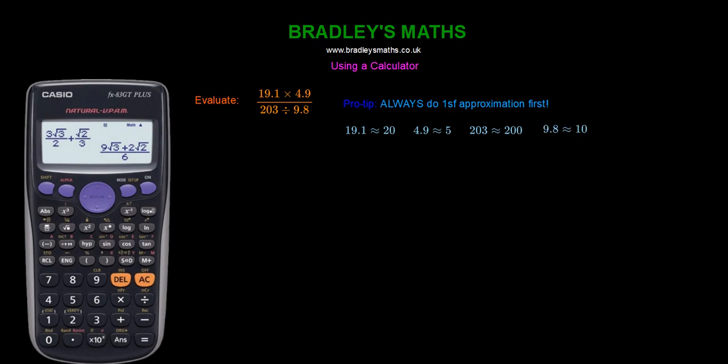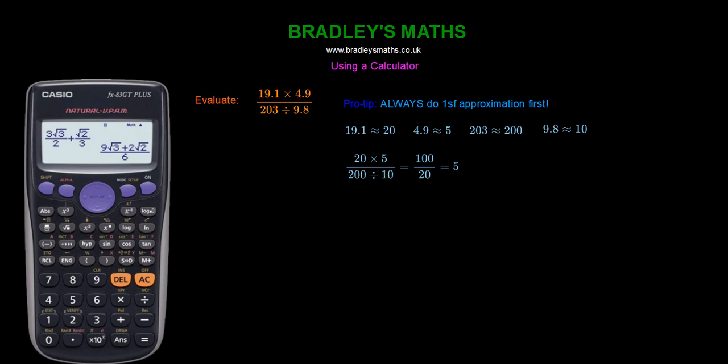Our calculation then becomes 20 times 5 on the top, and the bottom line 203 divided by 9.8 is approximately 200 divided by 10.